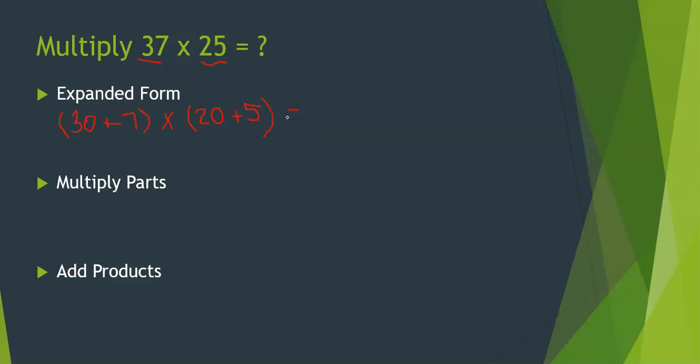So what I'm going to do next is multiply my parts. I have 4 numbers here. I'm going to have 4 parts to multiply. So as before, we multiplied our 30 times our 20 and our 30 times our 5. So down here, I'm going to say 30 times 20.